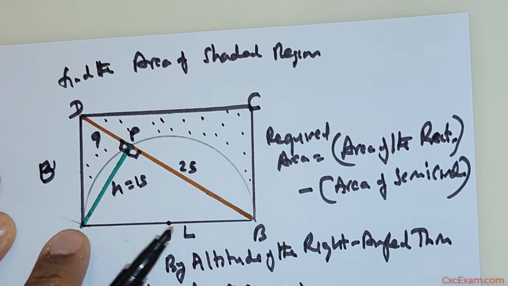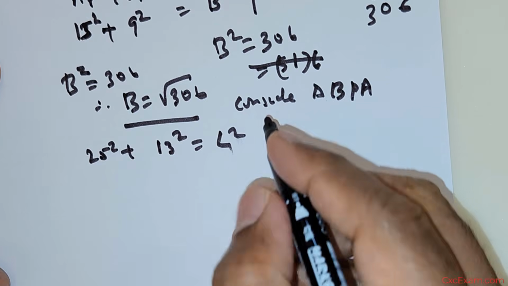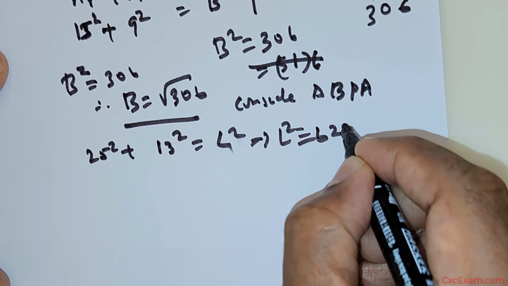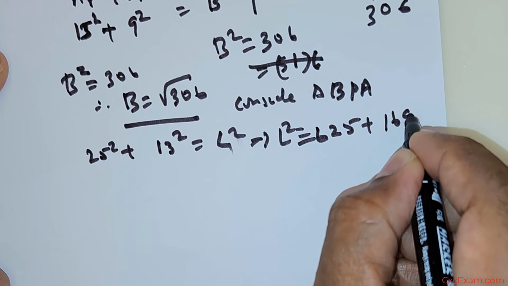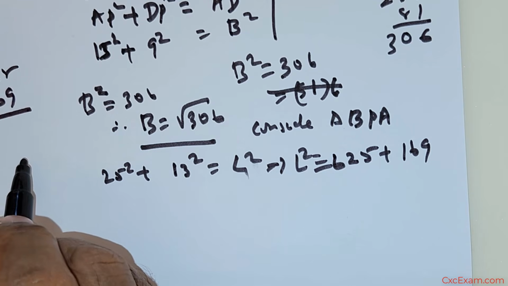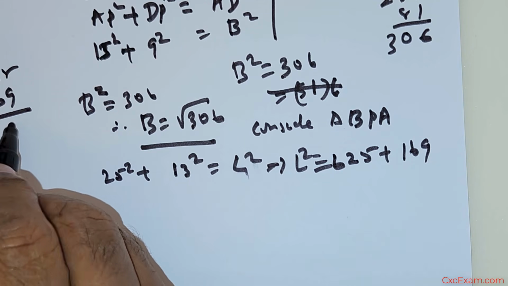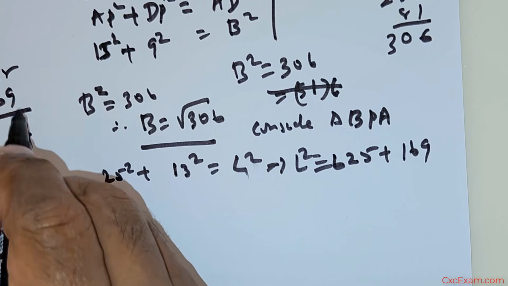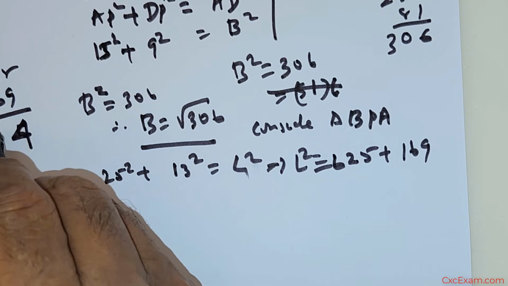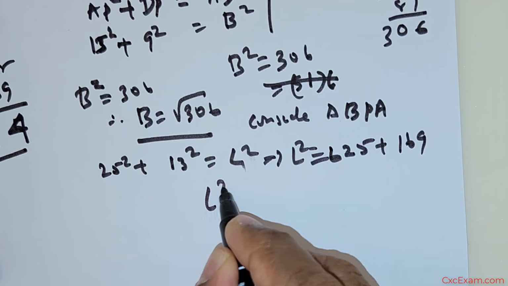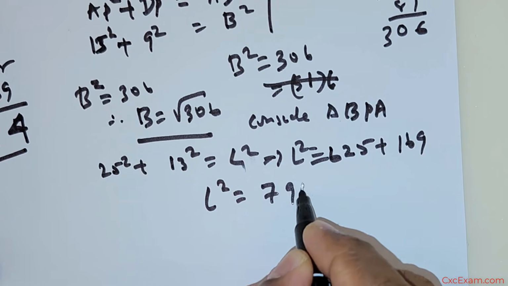So L squared is equal to 625 plus 169, which is 794. L squared is 794.